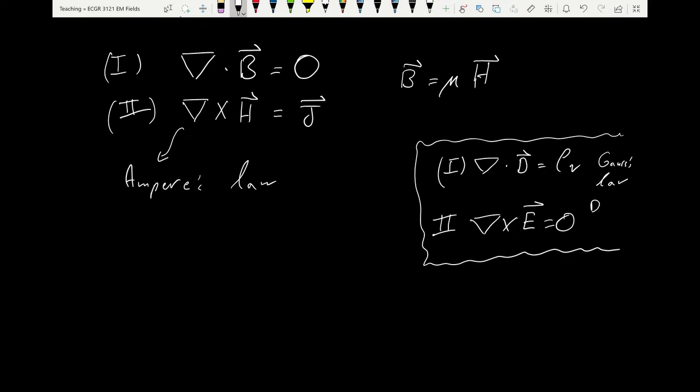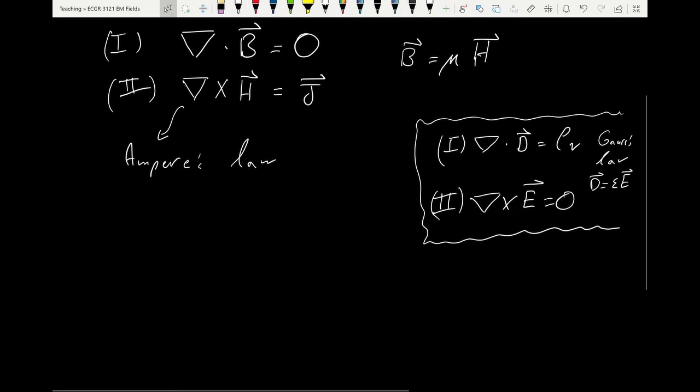Right, and D relates to E by the constant epsilon. Epsilon is the permittivity and mu is the permeability. They have different names, but they serve the same purpose. They relate the field intensity with the flux density. Okay, so this is 2.